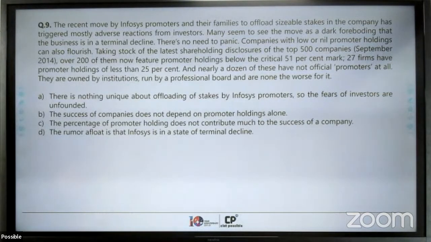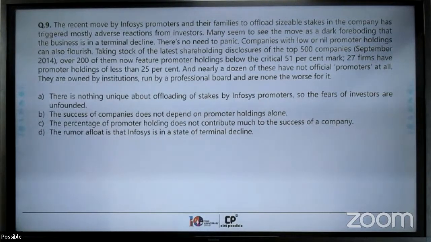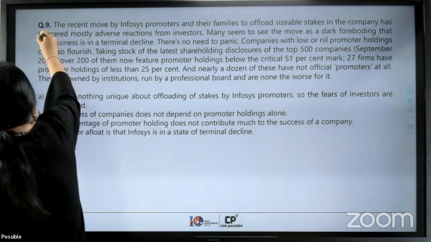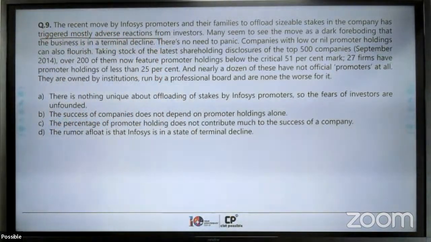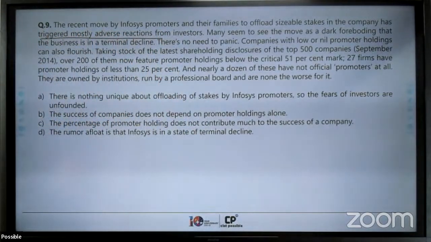He says it has triggered mostly adverse reactions from investors. Many seem to see the move as a dark foreboding that the business is in terminal decline. Some of them do not have any official promoters at all, he says. So that means there is nothing unique about offloading of stakes by Infosys promoters.